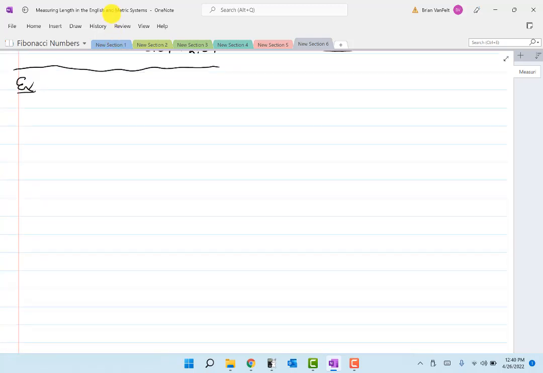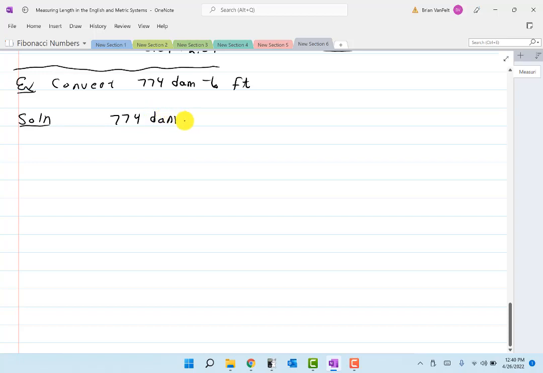Next, let's convert 774 DAM to feet. So these are decameters. Now let's see what connections we have. I'm going to start with the decameters, of course. 774 DAM.